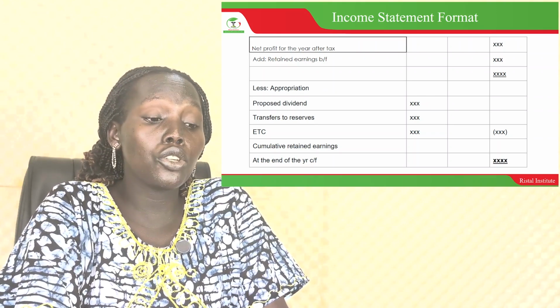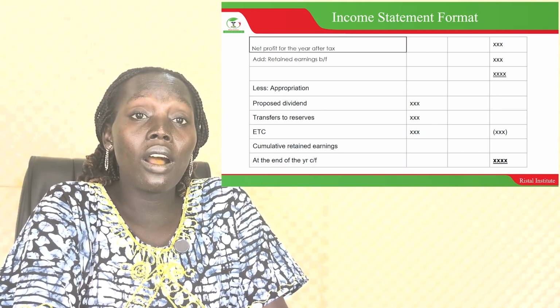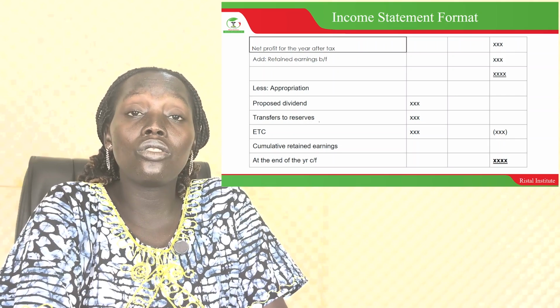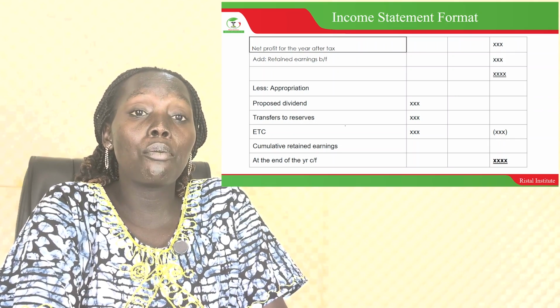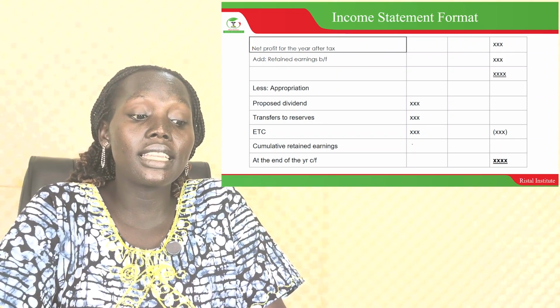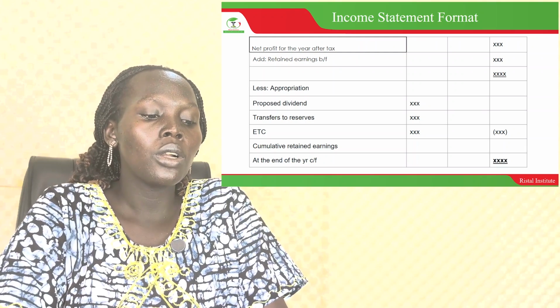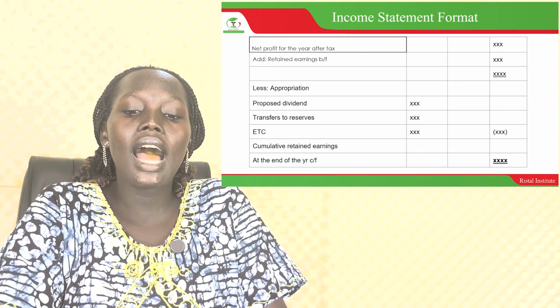So under appropriation, we have the proposed dividend, the transfers to reserve, and so many others. After getting the total, you get what we call cumulative retained earnings.